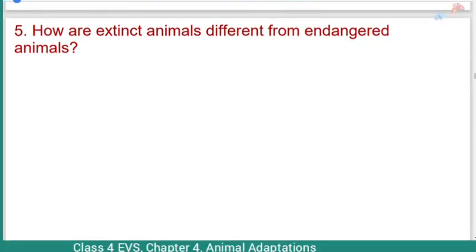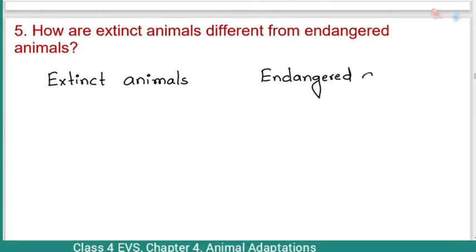Fifth question. How are extinct animals different from endangered animals? Answer: I will make a table of both extinct animals and endangered animals.